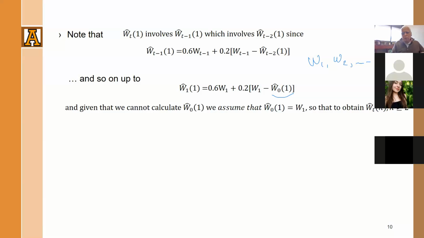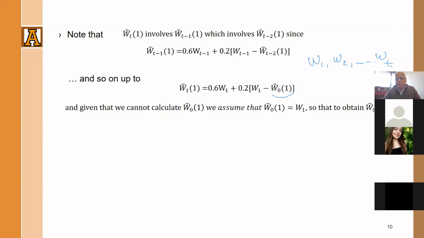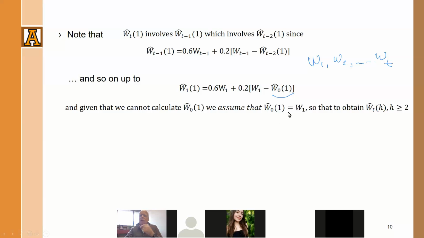So to be able to obtain this, we will always assume that the forecast of W_1 that we supposedly make at time 0 will be the first observation that we have.